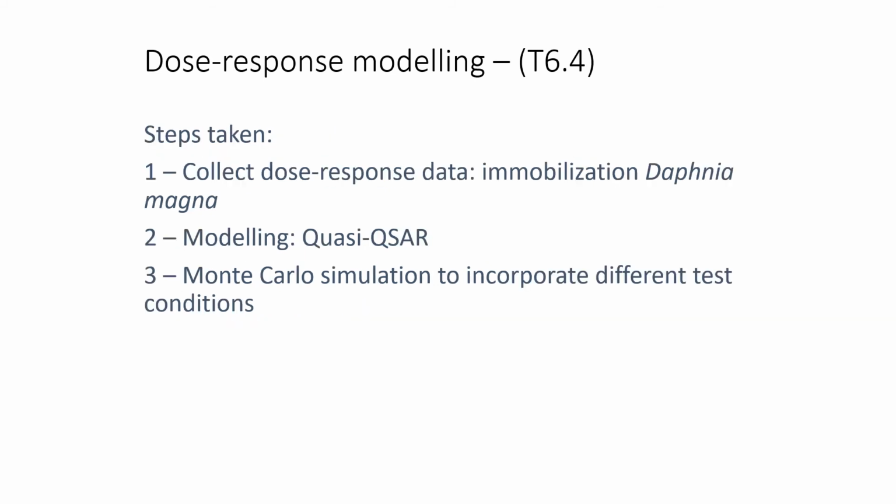So we have taken the following steps: collect the dose response data, in this case the immobilization of Daphnia magna, use QSAR for modeling, and use the Monte Carlo simulation method to incorporate the different conditions.